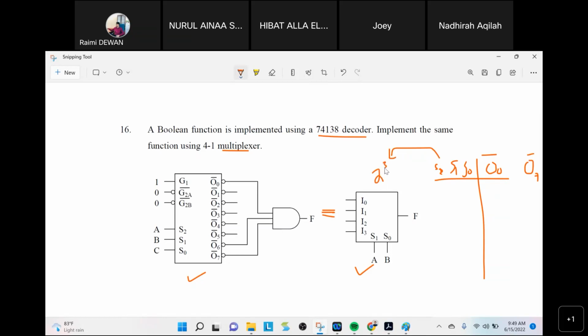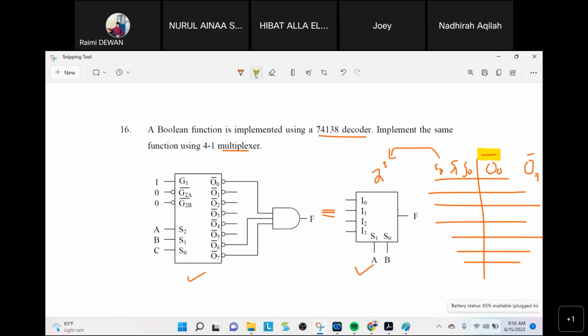Then you have all possible combinations. But take note, this one is inverted. Means what is the active output here? Is it 0 or 1?